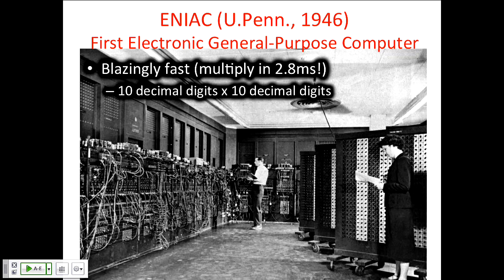So it did 300-something multiplies a second. And that was blazingly fast. And those were not small multiplies. This machine actually used decimal. So it had 10 decimal digits multiplied by 10 decimal digits in 2.8 milliseconds. That was blindingly fast. So this thing was way faster than any previous computer because it was the first electronic computer. No moving parts, just electronic.